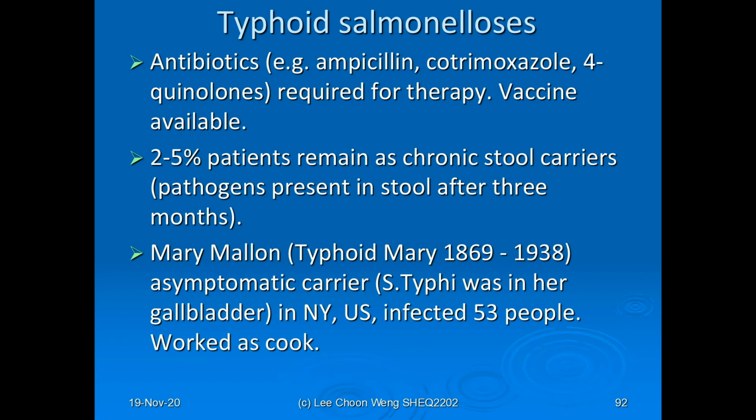Mary Mallon is the famous Typhoid Mary, an asymptomatic carrier who infected up to 53 people in New York, USA. She worked as a cook, and it seems that Salmonella typhi was in her gallbladder.